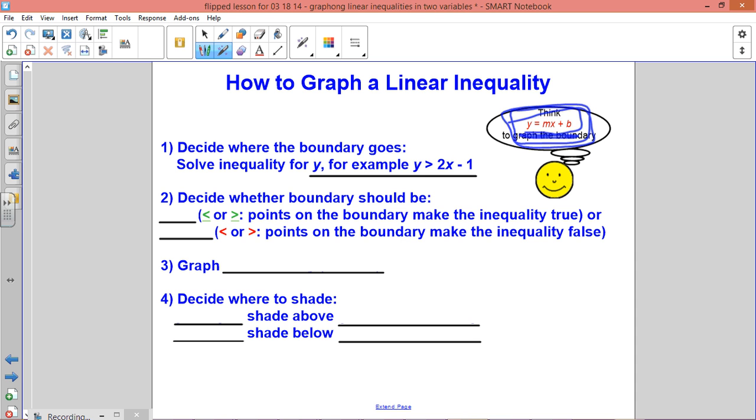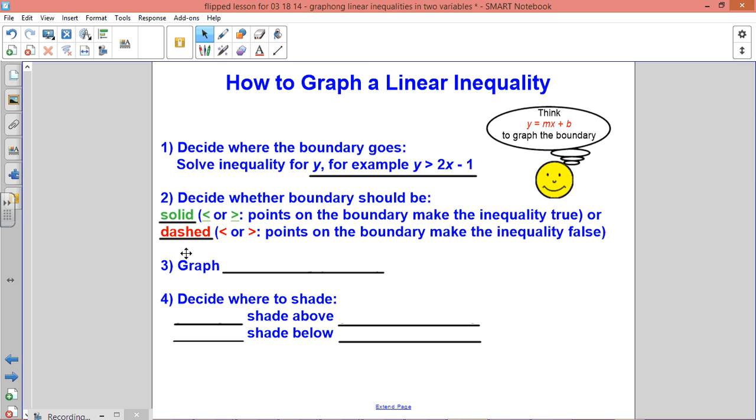Second, decide whether the boundary should be solid or dashed. For less than or equal to or greater than or equal to, I am going to have a solid line. Notice the solid is what goes on that second line. And when I am using less than or greater than signs, that's when I'm going to use my dashed line, or a dotted line is what I like to call it.